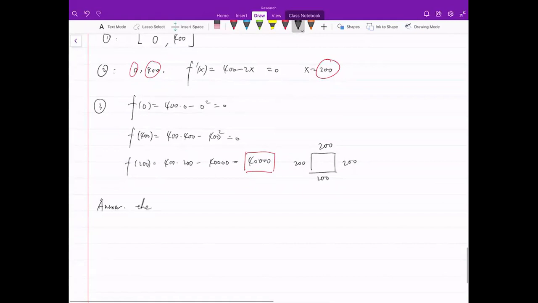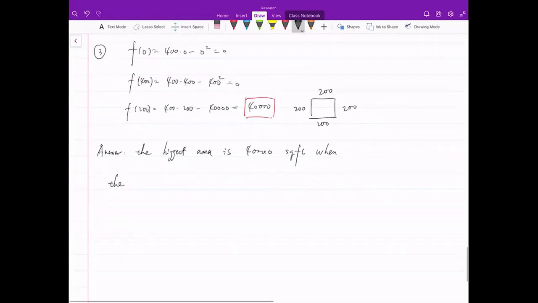The biggest area is 40,000 square foot when the dimension is 200 by 200.